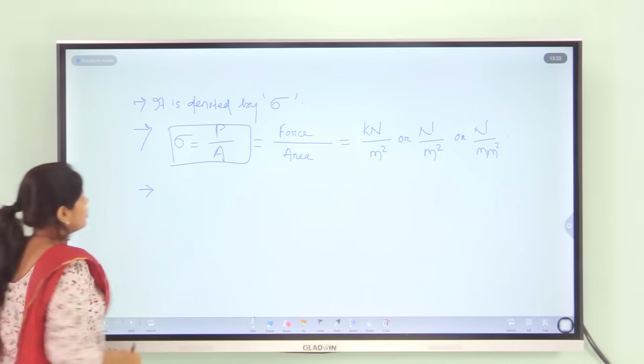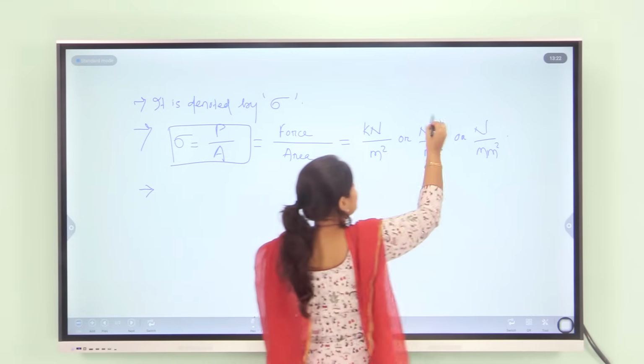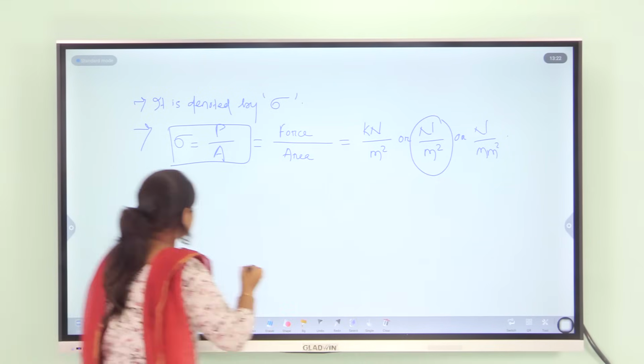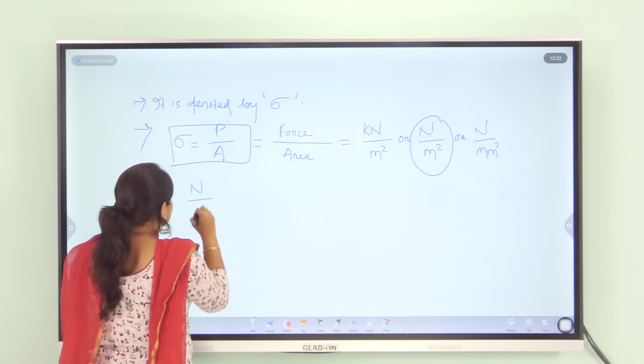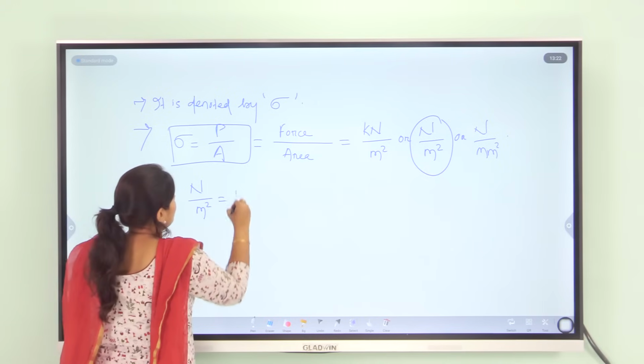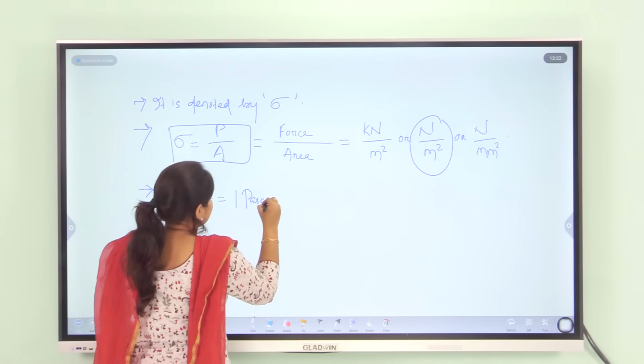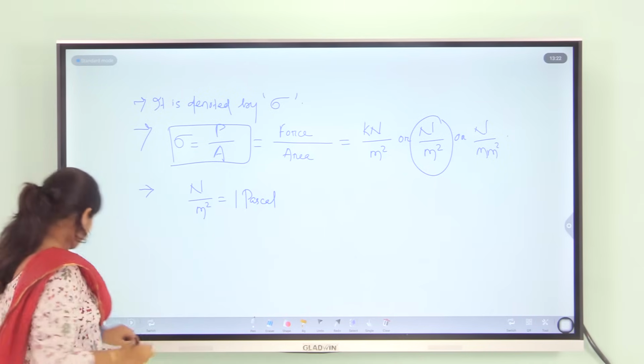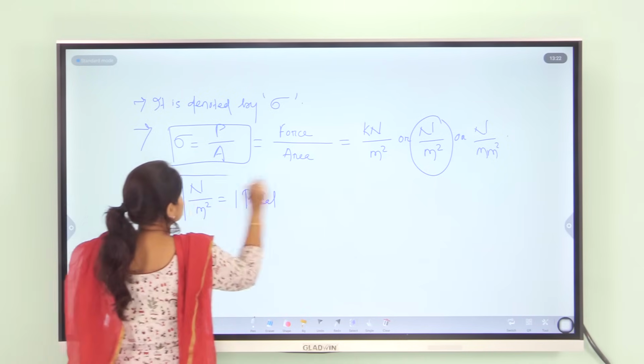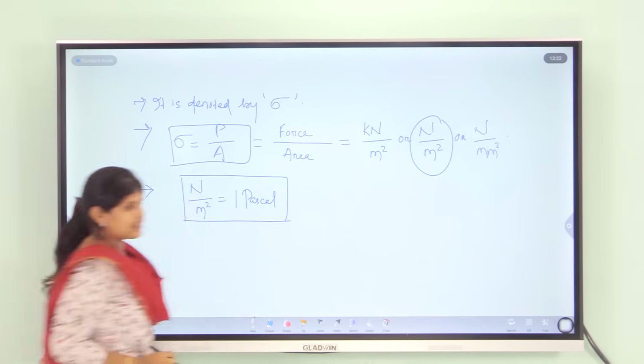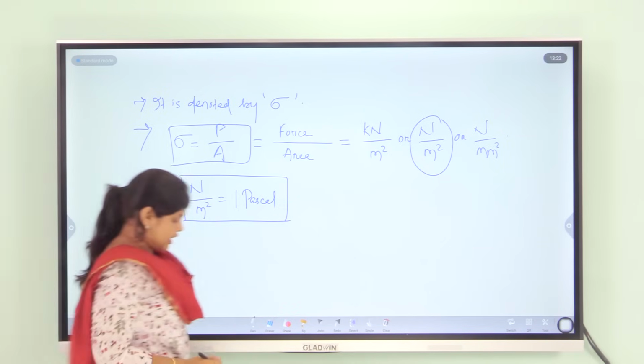Now, this term Newton per meter square is also termed as 1 Pascal. Newton per meter square is 1 Pascal. Okay.